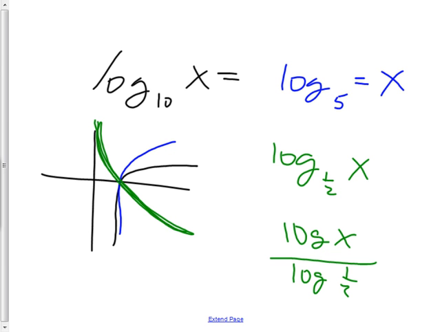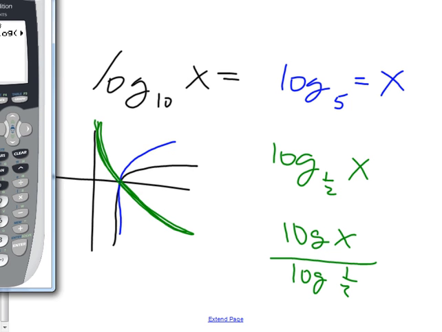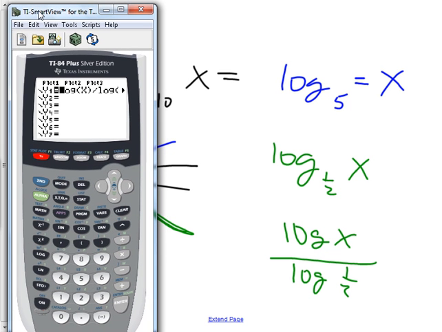Log x divided by log 1/2, graph. Log x over log, you have to trust me, I have a 1/2 in there. And you get to zoom 6, that would be just fine. And you hit graph, and there it is.